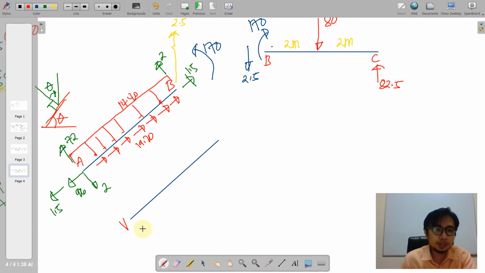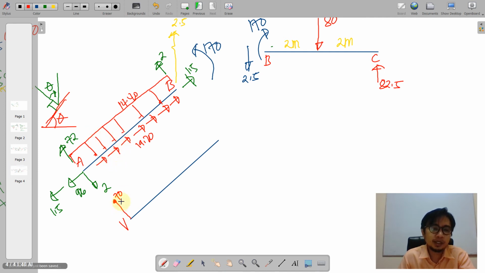Starting with the shear diagram, we start from A to B. From A, we have 72 upwards minus 2 downwards. We have positive 70, and then we less this 14.4 times 5, which is actually 72, and that 72 is going downwards, so that is negative 72.